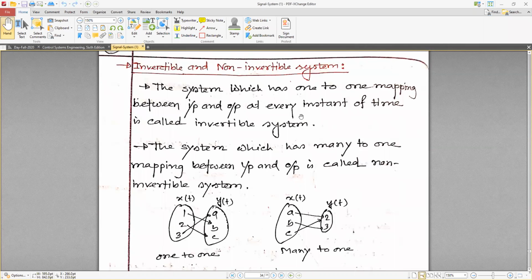Invertible and non-invertible systems are also there. The system which has one-to-one mapping between input and output at every instant of time is called an invertible system.